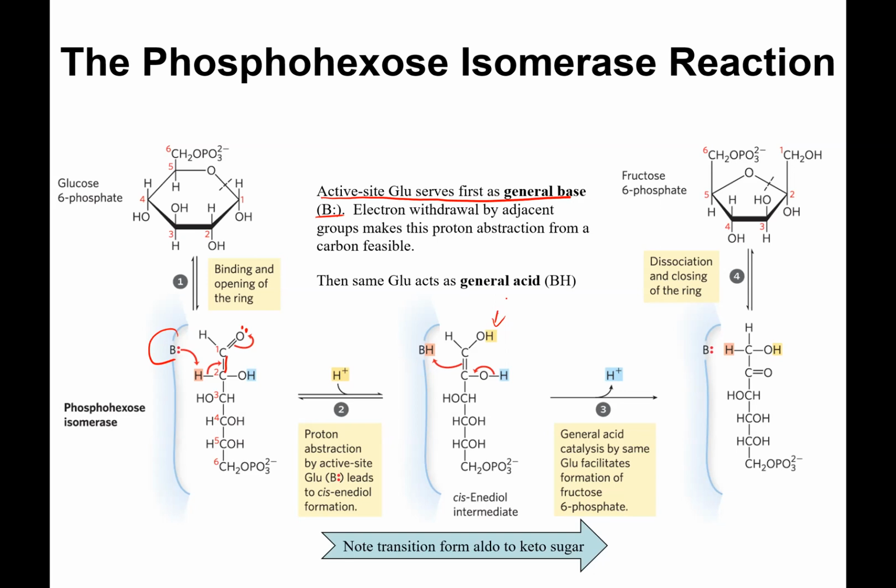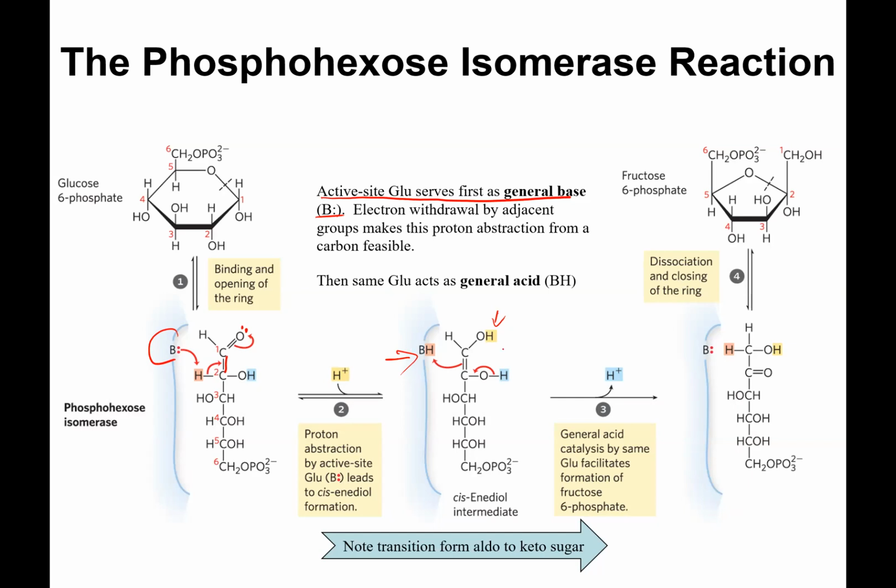And what's interesting here is that no sooner has this base picked up this proton than now it's ready to just break this. This double bond is now going to abstract the proton here, right? So it's going to turn around and act as an acid now, having just abstracted a proton. But this is going to facilitate this isomerization, right?